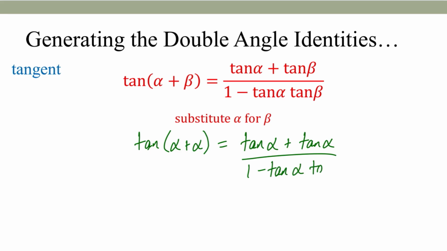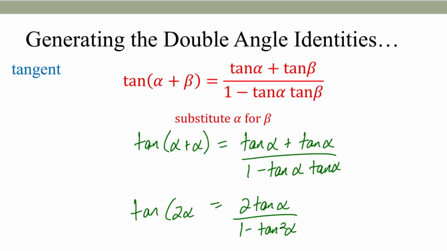In the numerator, tangent alpha plus tangent alpha is 2 tangent alpha. And in the denominator, tangent alpha times tangent alpha is tangent squared alpha. And this is the tangent double angle identity: tangent of 2 alpha is 2 tangent alpha over 1 minus tangent squared alpha.